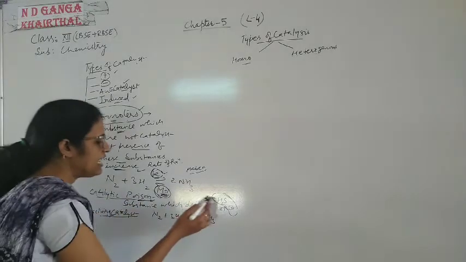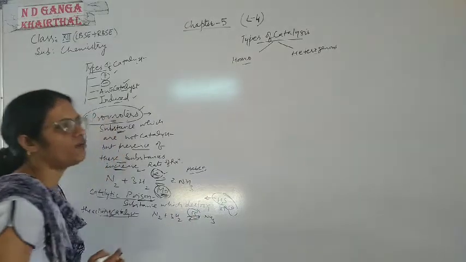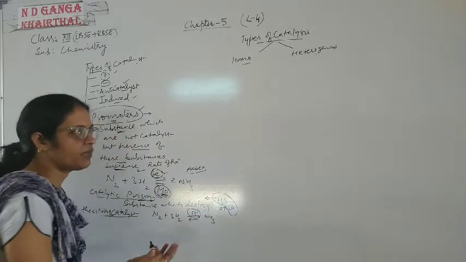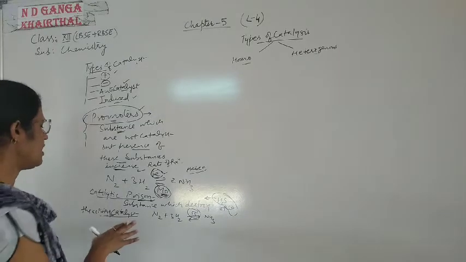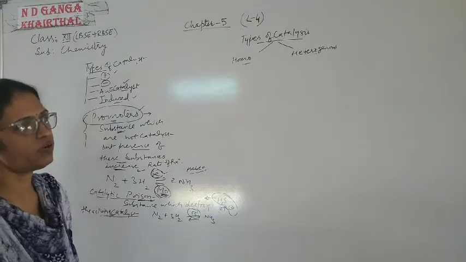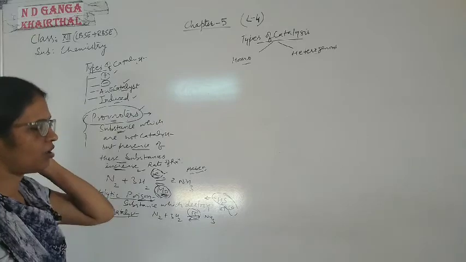Means they decrease or destroy the activity of iron, so the rate of reaction becomes less. तो वो substance जो कि catalyst की activity को destroy कर दें, they are called poisons.